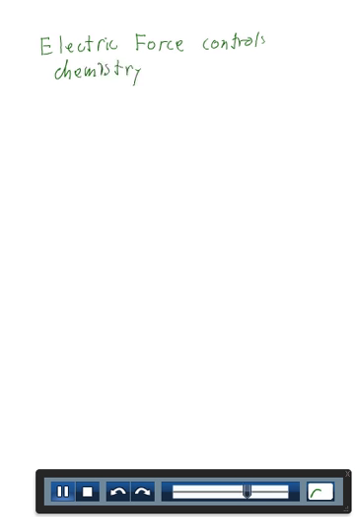So we have a nucleus, and we have protons, which are positively charged. We have electrons, which are negatively charged. And there is an attraction between the nucleus, the proton, and the electron, which are oppositely charged. And there is a repulsion between two like-charged electrons.